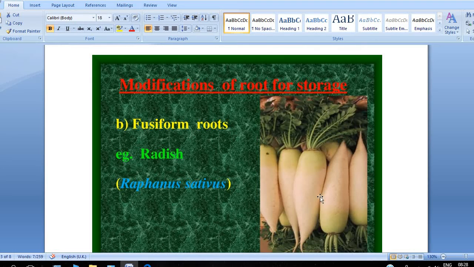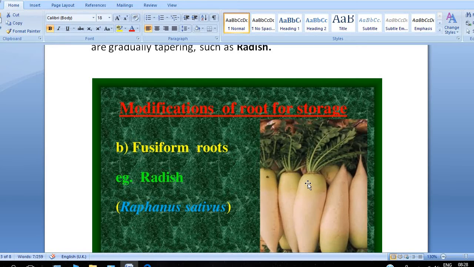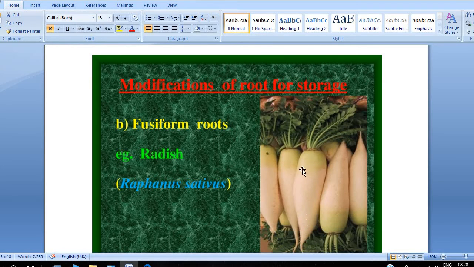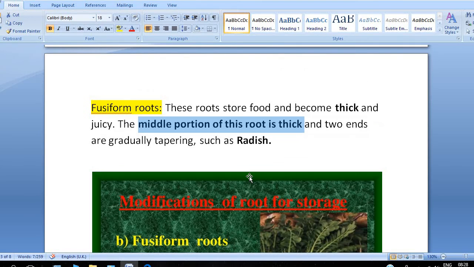Look at the middle portion: it is very thick, and the other two portions are tapering. This is the characteristic of this root, so you can identify the fusiform root by its shape. The middle part is always thick, and the upper and lower parts are thin and tapering. An example of a fusiform root is radish.